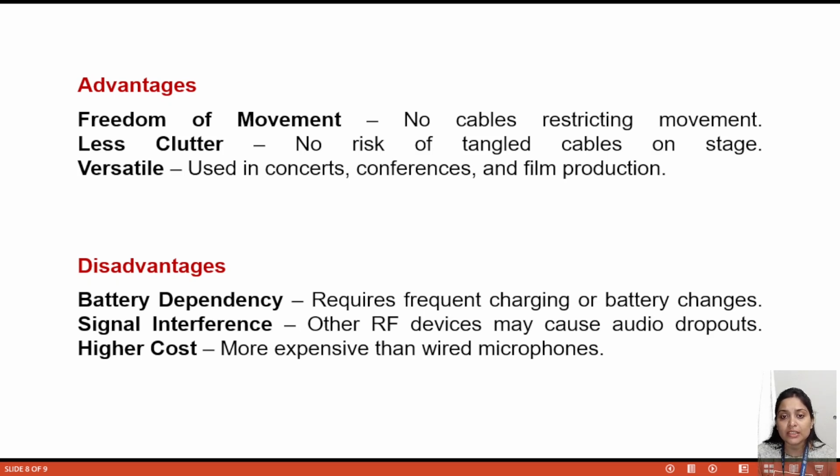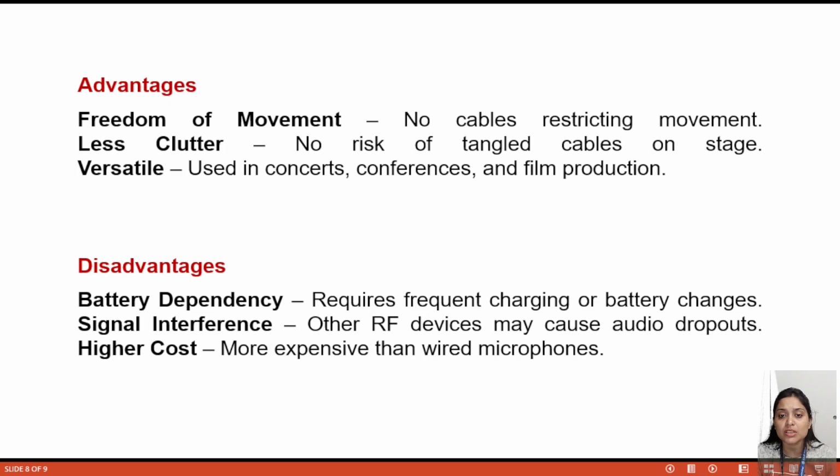Now the disadvantages. Already I told you that one of the most important disadvantages is battery dependency. It requires frequent charging, so batteries are very important. Signal interference, that means other RF devices may cause audio dropouts, so sometimes signal interference may occur.